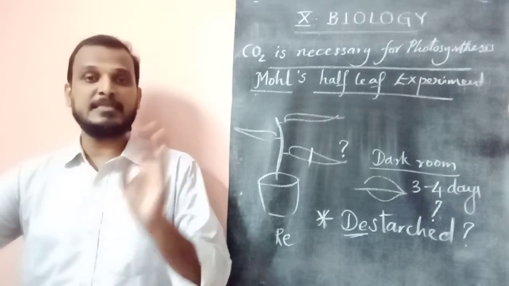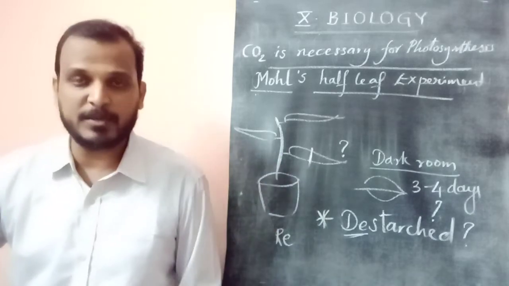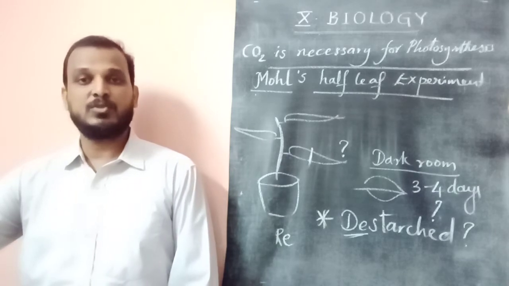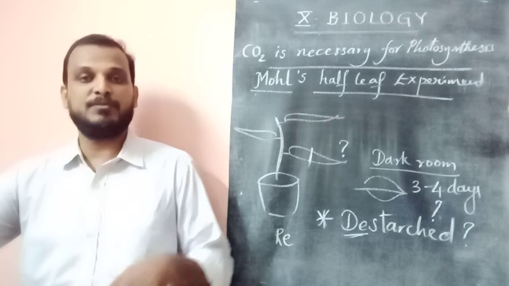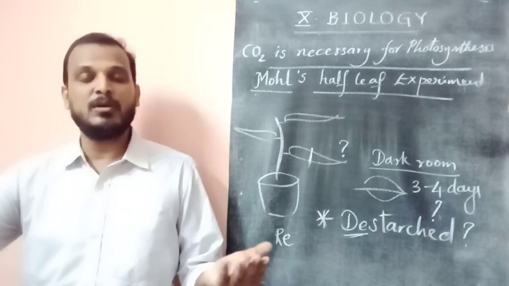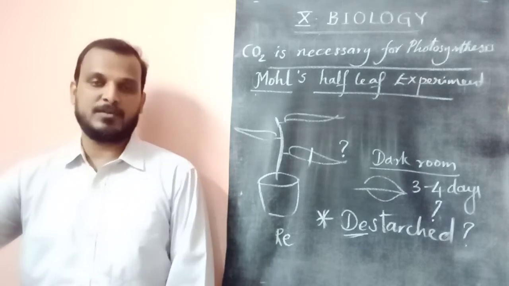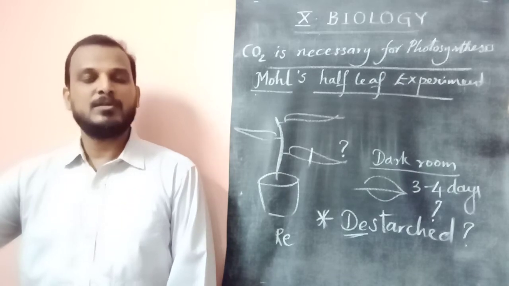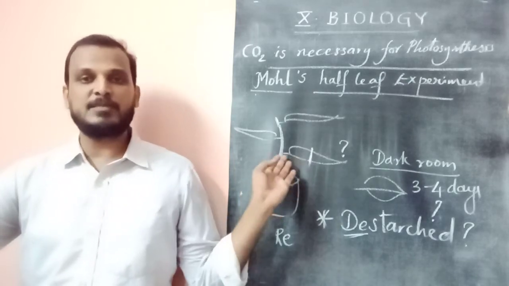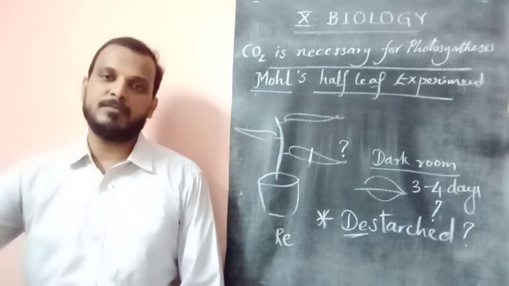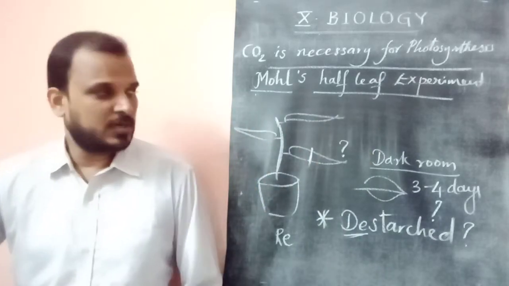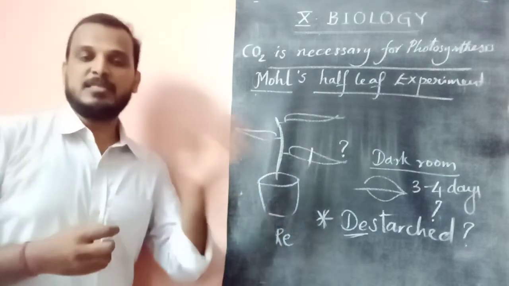Why is a plant de-starched before an experiment on photosynthesis? To remove the reserve starch before the experiment, to know whether new starch is prepared or not. So we removed the complete starch from the leaf by the process called de-starching. Now the experiment procedure can be started.